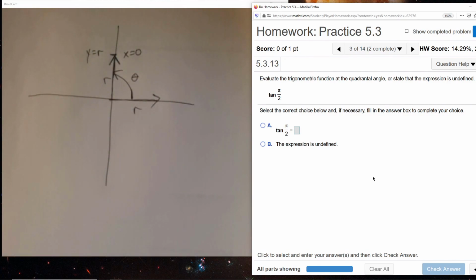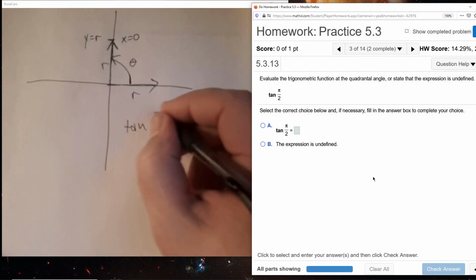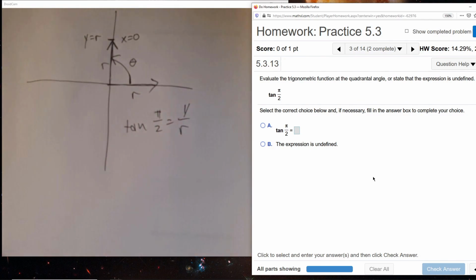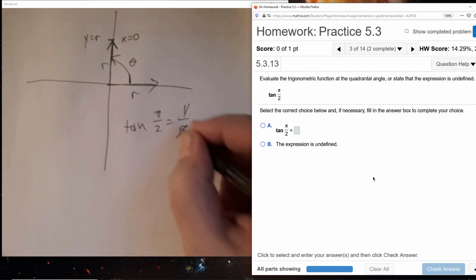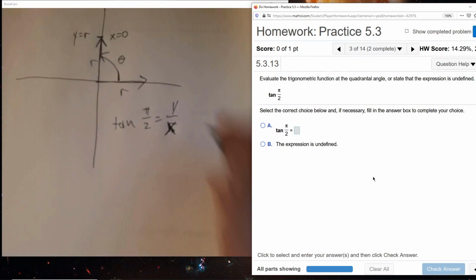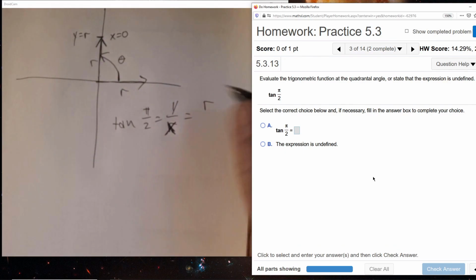So for tangent of pi over 2, which is y over r, y over x, let's look at our information. Y is r, and x is 0.